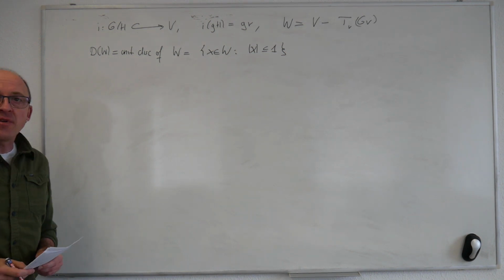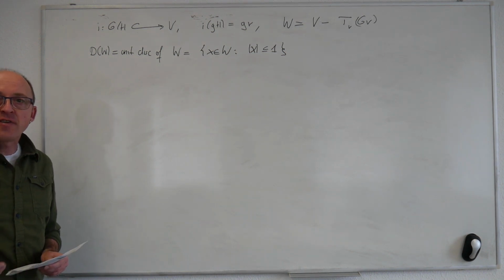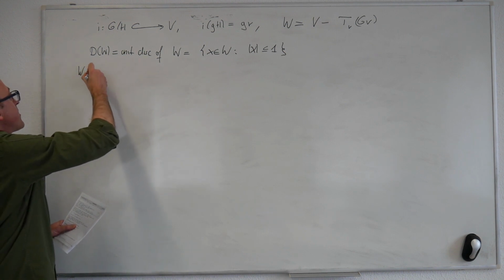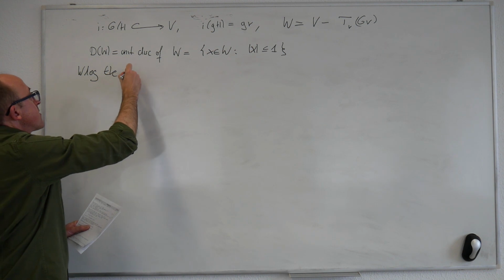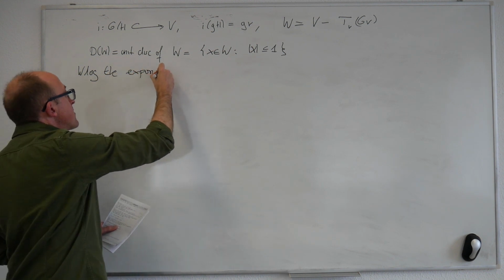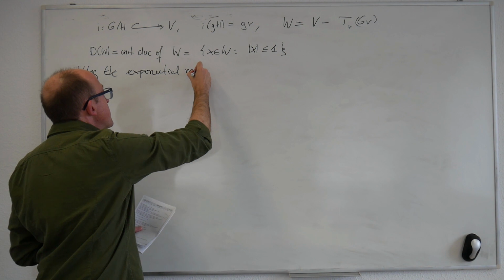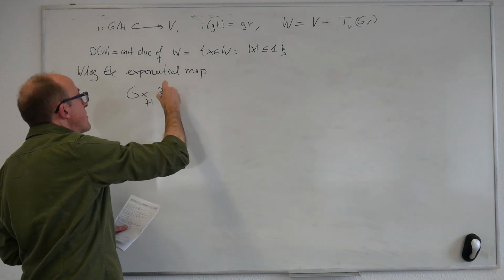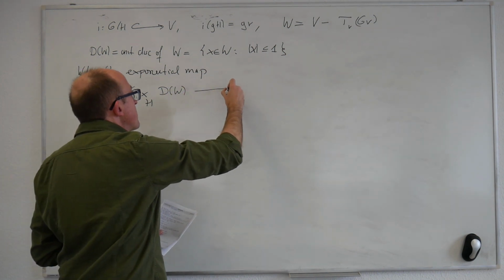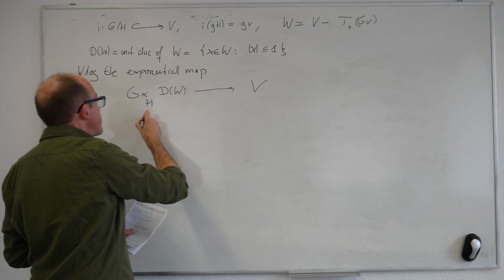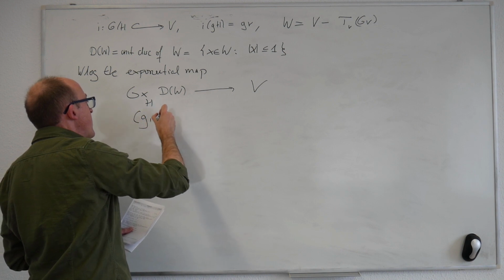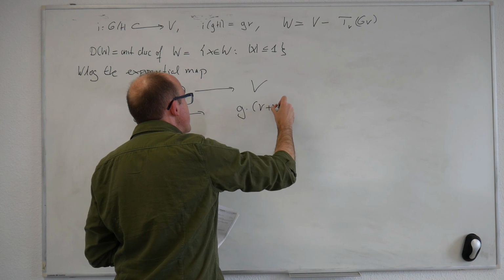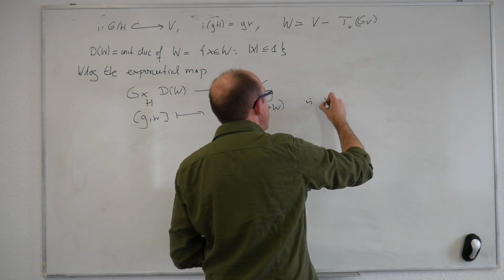So after possibly scaling the vector v by a sufficiently large real number, we can assume that the exponential map, so what is this? This is a map from G amalgamated with the disk of W to V. And this is the map that sends the equivalence class of a pair g comma w to g times v plus w, is injective.